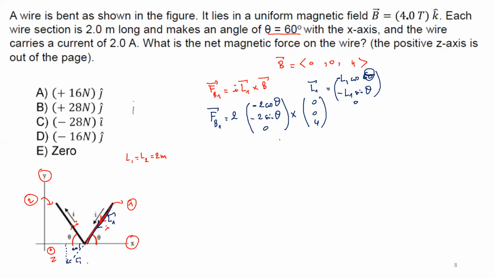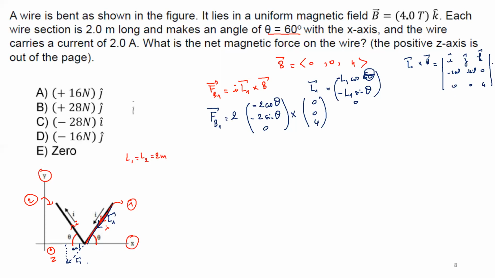You know how to calculate the cross product between 2 vectors. Okay, you remember you can use a determinant. So L1 cross B, you use a determinant, i hat, j hat, k hat, if you want. And then here you will have minus 2 cosine theta, here minus 2 sine theta, and 0, and here you have 0, 0, 4.